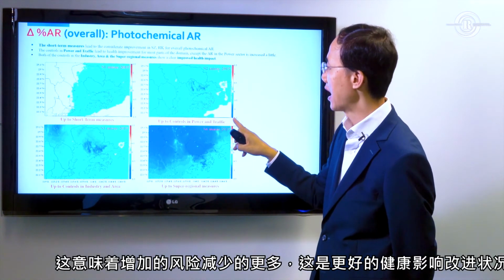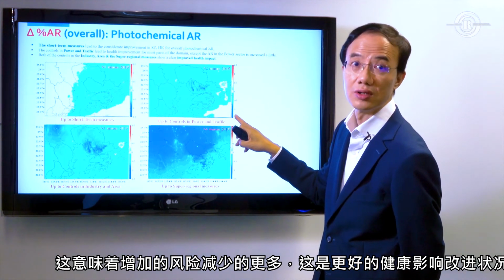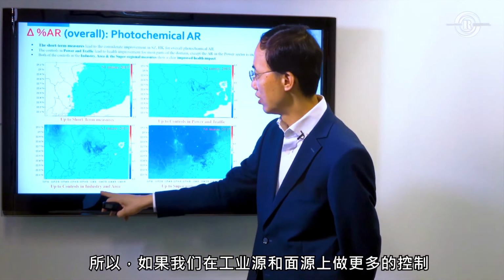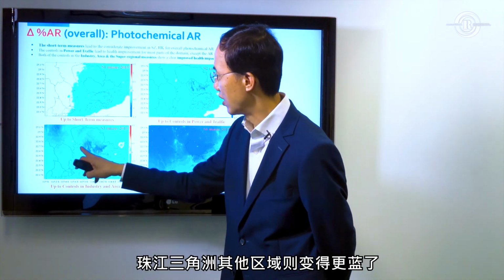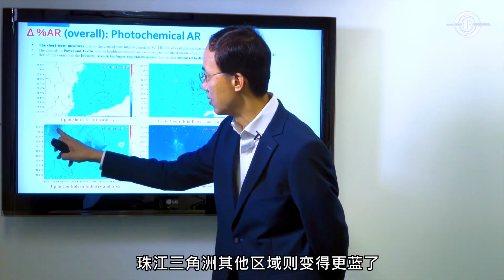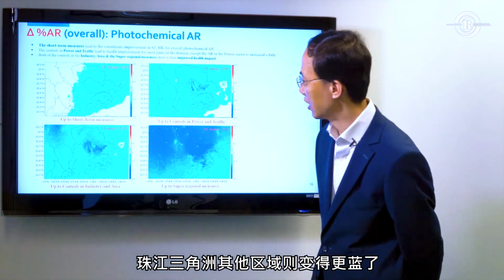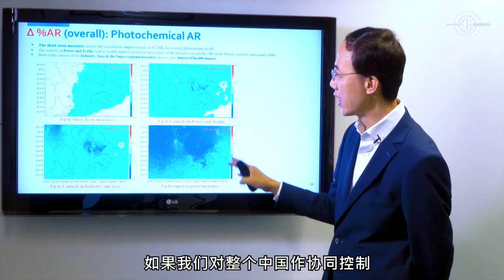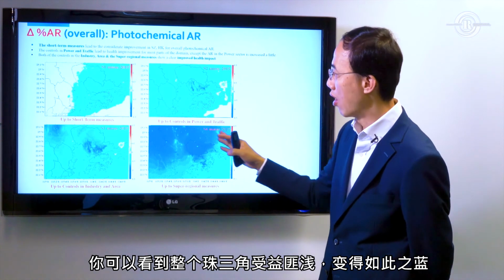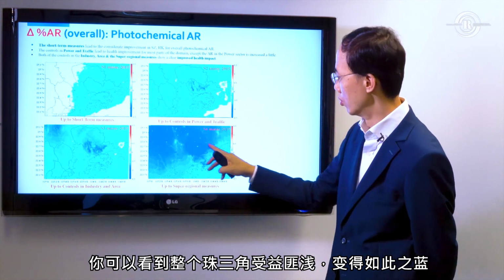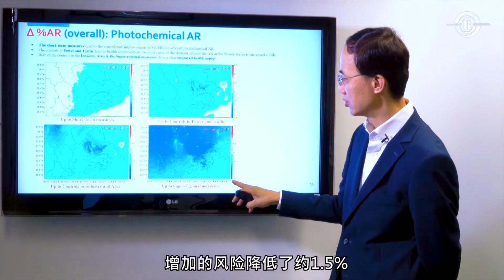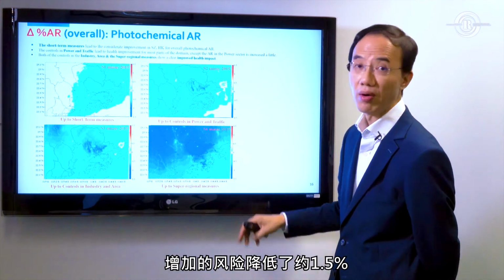That means the added risk becomes more negative, which is better. If we do more control on industry and area, it becomes even bluer for the remaining part of the PRD. If we do the whole China, you can see the whole PRD benefits a lot, becoming so blue. The added risk is reduced by about 1.5%.